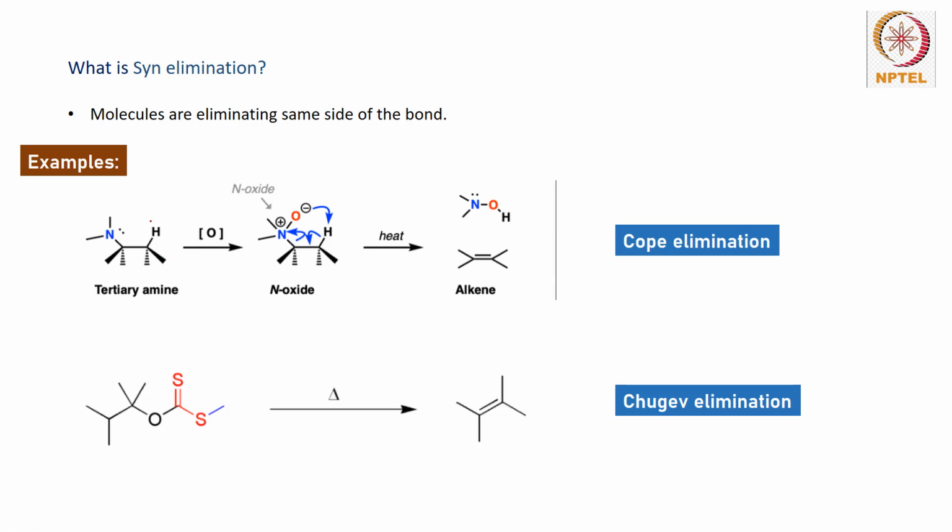Here the eliminating groups are this hydrogen and this amine, so it's eliminating from the same side of the bond. So it is a syn elimination.